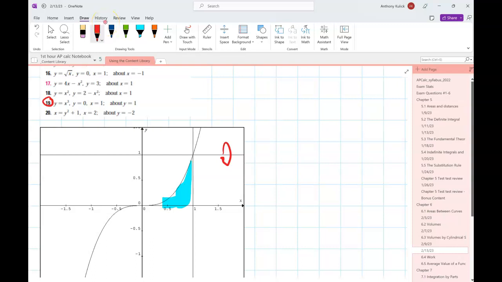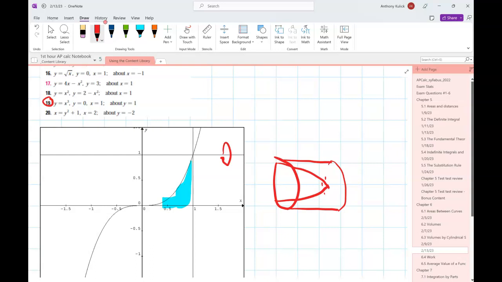And again, what are we going to get here? Yeah, it's going to be like a bowl, but it goes down to something like that, right?